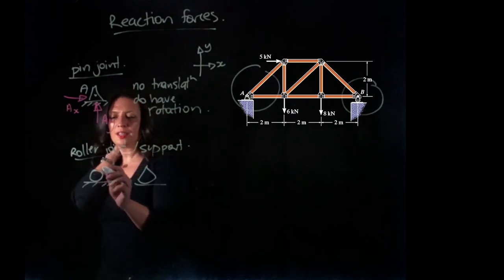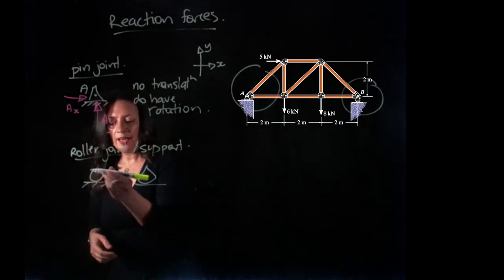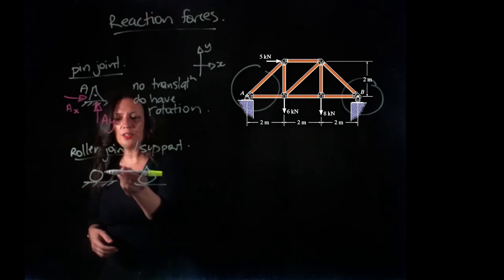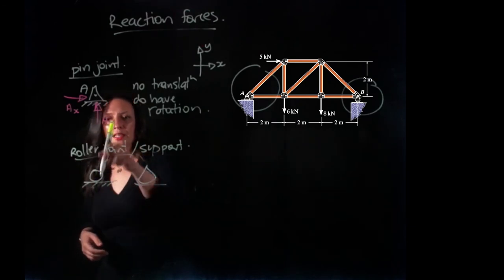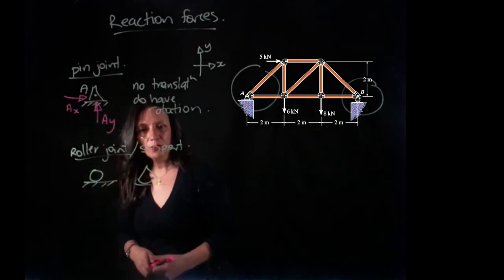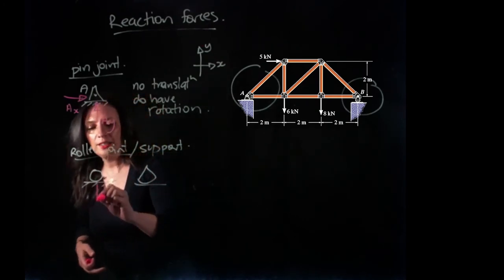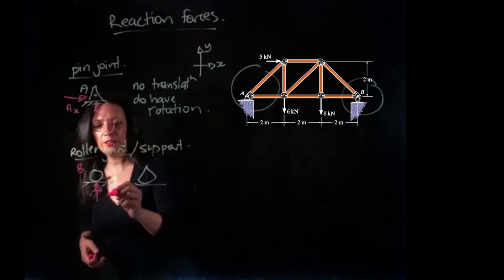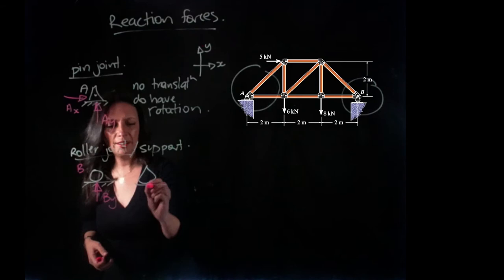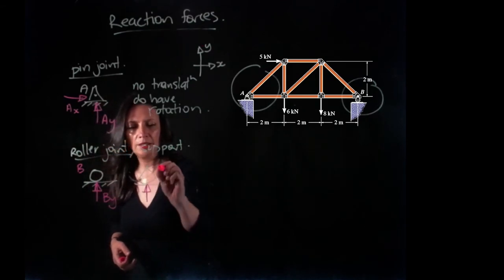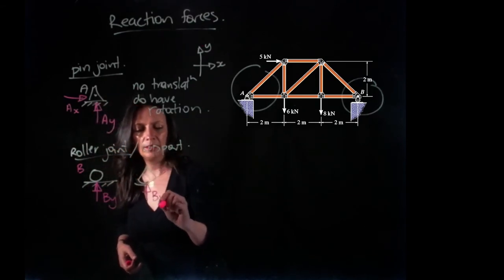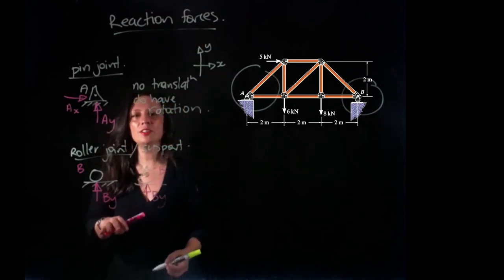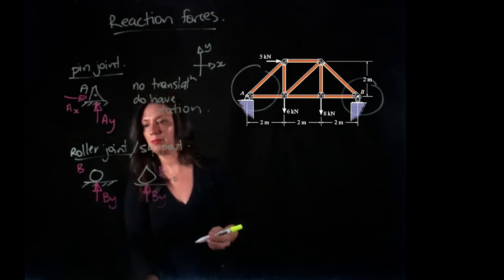In these joints, we can say that our roller can move in the horizontal direction, but it can't move in the vertical direction. So therefore, we're going to have a reaction force in the vertical. If that's point B from the diagram, we can call that By. So again, we have no translation in one direction, and we still have rotation.